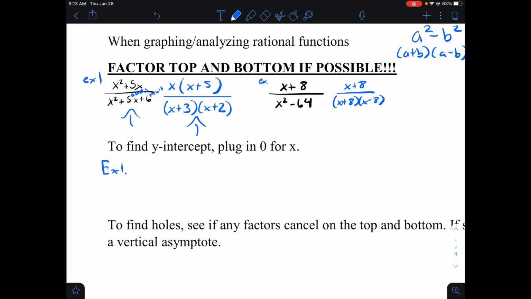I'm going to plug into the non-factored form. So we get 0 squared plus 5 times 0 all over 0 squared plus 5 times 0 plus 6. We end up getting 0 over 6, which gives us 0. So our y-intercept is going to be (0, 0).